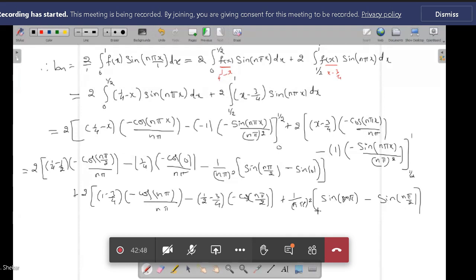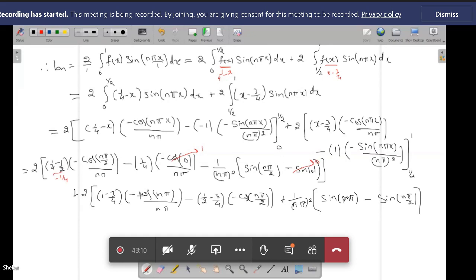Okay, so this is what we get after substituting the limits. Be careful. Now you check, are there any terms I can cancel, or any terms which become 0. So the value of 1 by 4 minus 1 by 2 is minus 1 by 4, and cos 0 is 1, and sin 0 is 0.